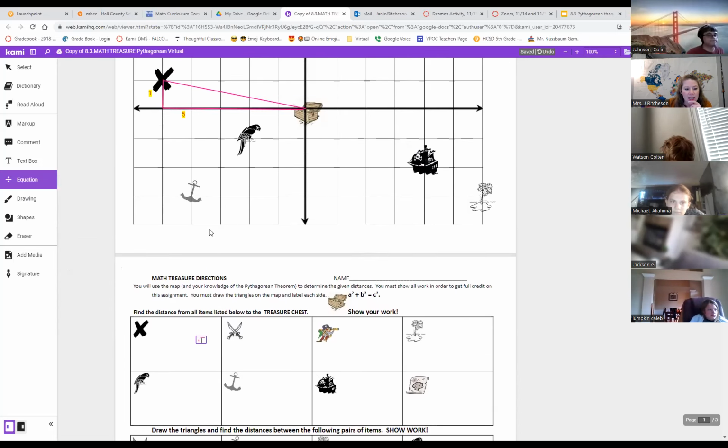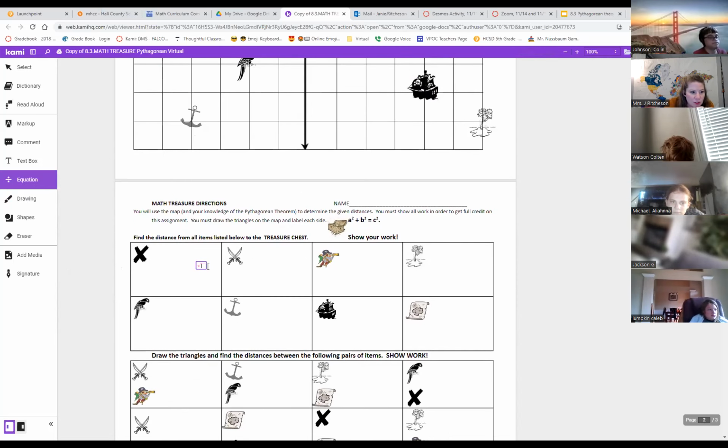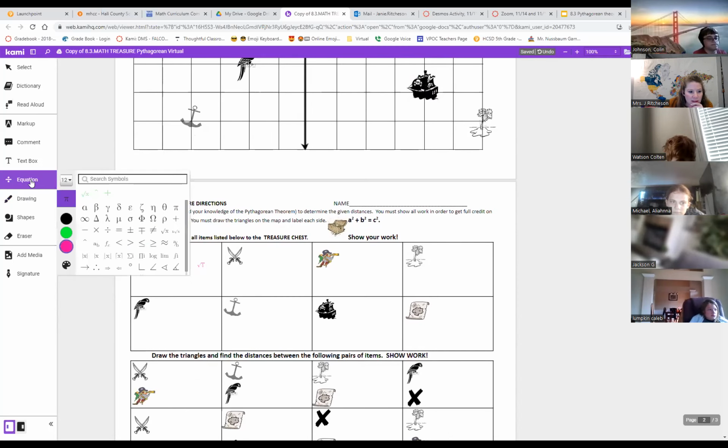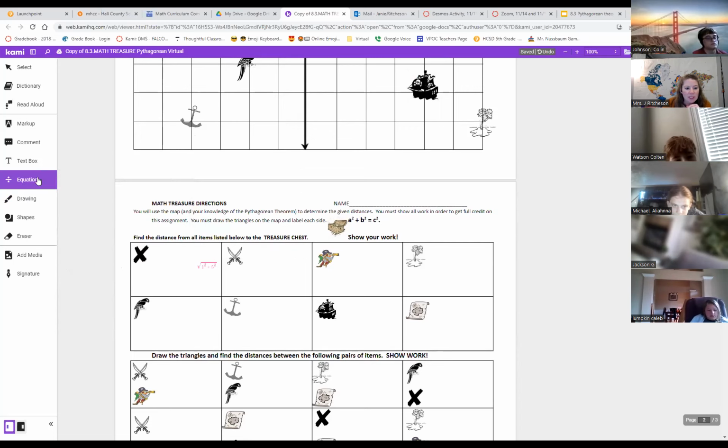So I'm going to type 1 squared, plus 5 squared, because the other side is 5 squared. Okay. And then I'm going to get rid of this.